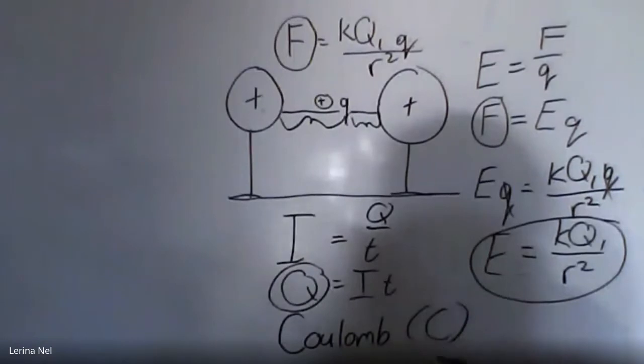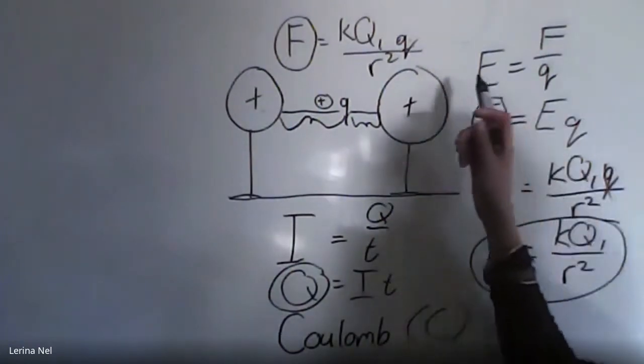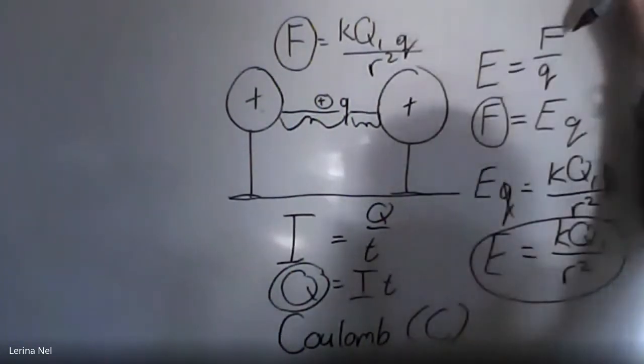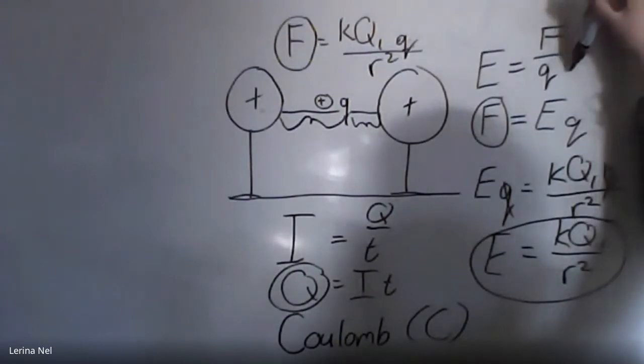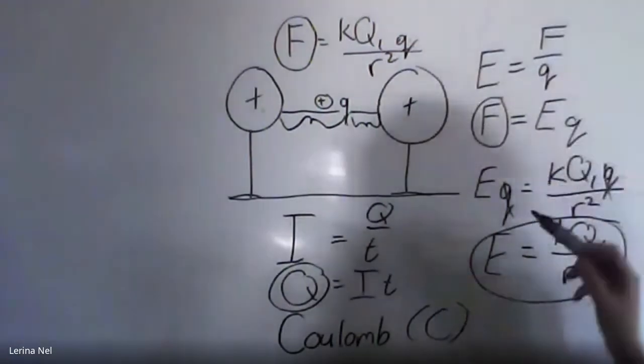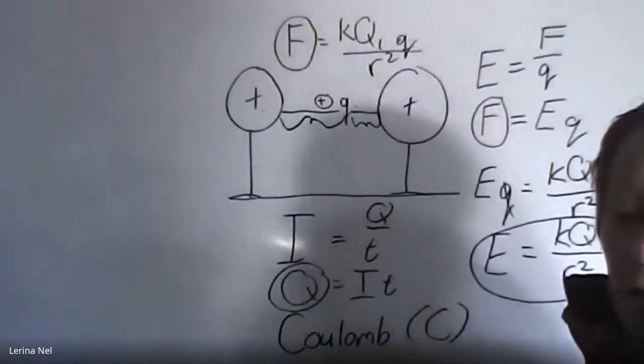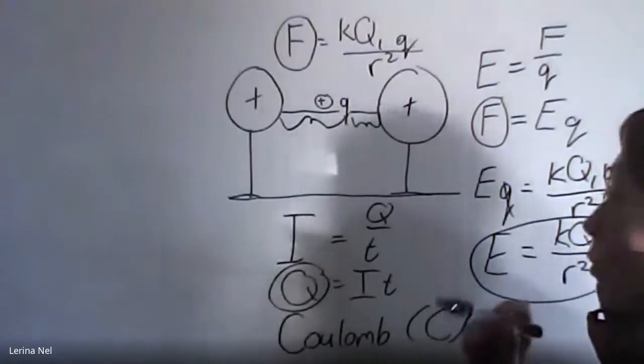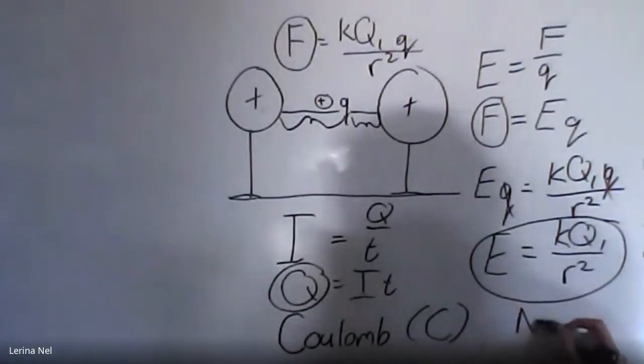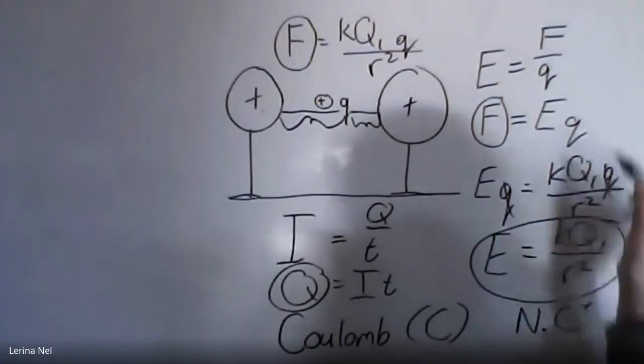Okay. So that's the connection between electric field and electrostatic force. So electric field is actually Newton per charge, but as you can see here, we can calculate electric field as KQ1 over R squared. So your final unit is going to be Newton per coulomb.